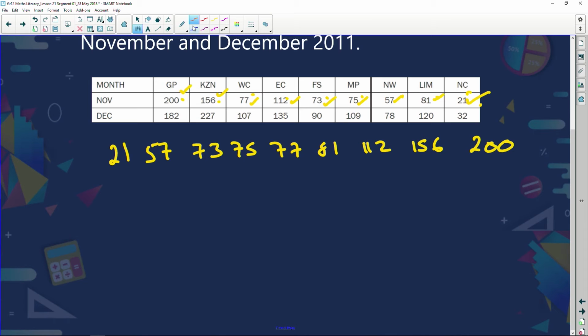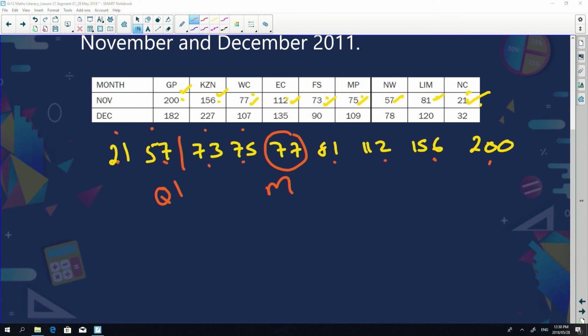So let's do that. I've got here, there, here, there, here, there, here, there. This is my median. Now, in between, I've got this, that, this, that. Aha! What happened? My quartile 1 is in the middle between 57 and 73. How do I calculate one that's in the middle?